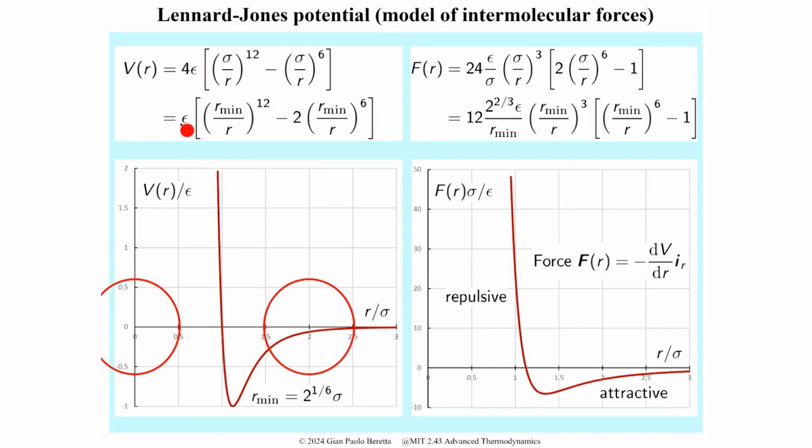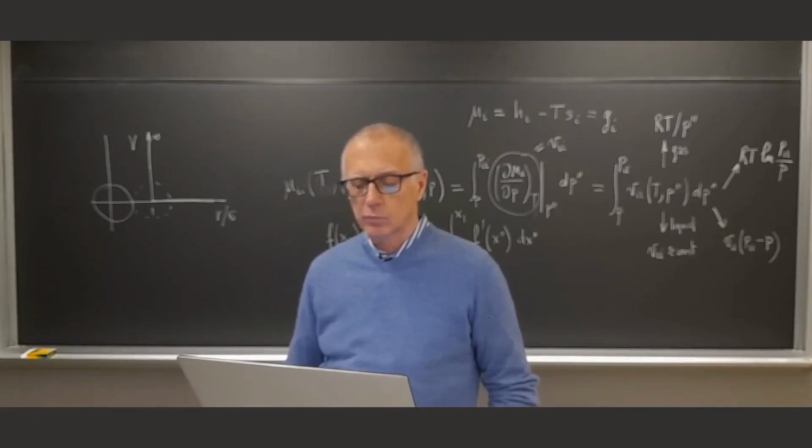And here we also, in the plot, normalized the potential to epsilon, and epsilon is the depth of this well here. So it goes to -1. So stronger interactions would be characterized by stronger values of this epsilon. Okay.